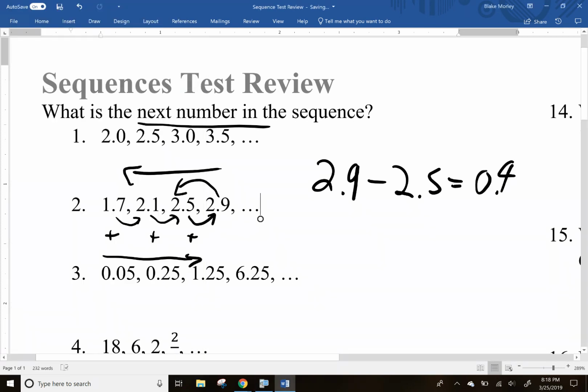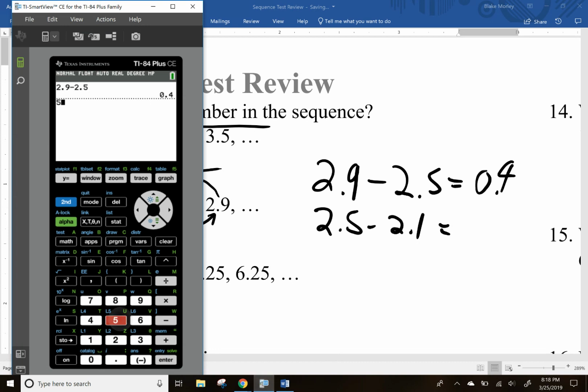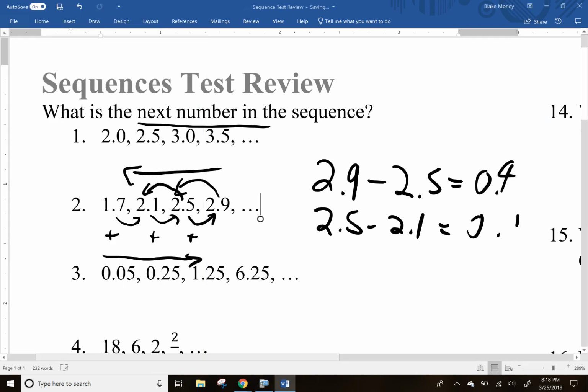Now, if I do that for the next one, going backwards again from 2.5 to 2.1, 2.5 minus its previous term, which is 2.1, I get 0.4 again.